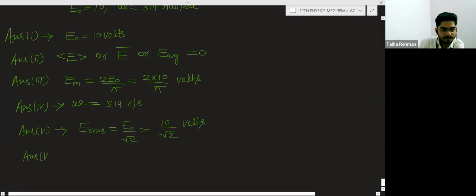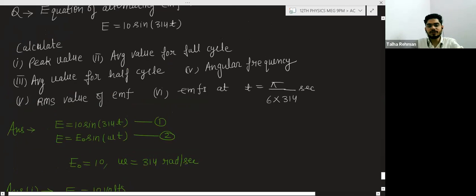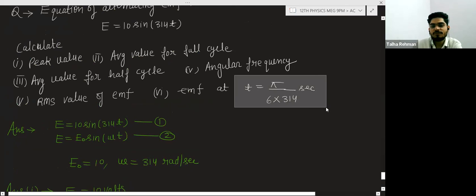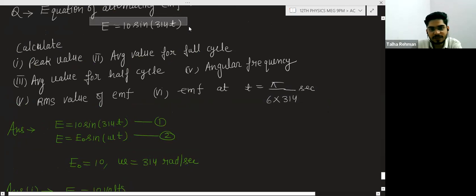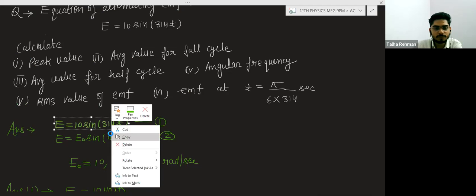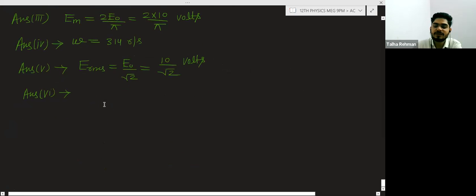Sixth part, they are asking, time is given: t is equal to pi divided by 6 into 314 second. At this time, we will calculate the value of this EMF. We have this EMF equation, so we put the value of time and we will get the answer.